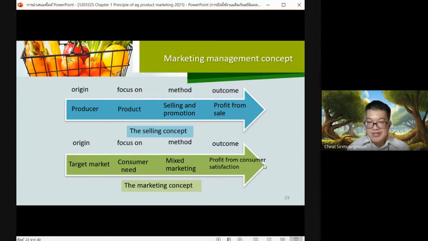The outcome is the consumer is happy because the quality is higher than the selling concept, which is the low quality. And the profit should come from the repurchase or the consumer satisfaction. Because after you feel happy with something, you tend to buy it a second time.